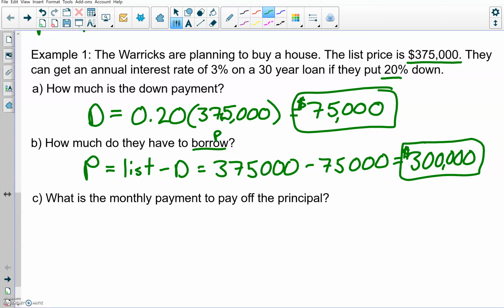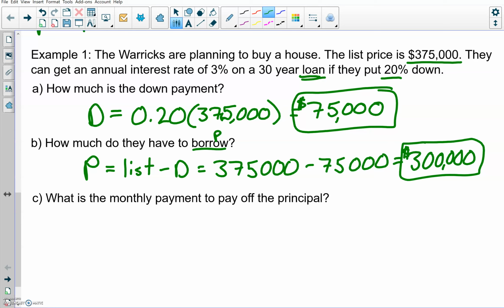All right, so now what is the monthly payment to pay off the principal? In this problem, some of the key words here, you see loan right there. Is it a savings? No, it's not. It's borrowing, so it's going to be the loan payment. If they say a loan with simple interest, the words simple interest always override everything. If you see simple interest, you use that formula from way back in 5.2.